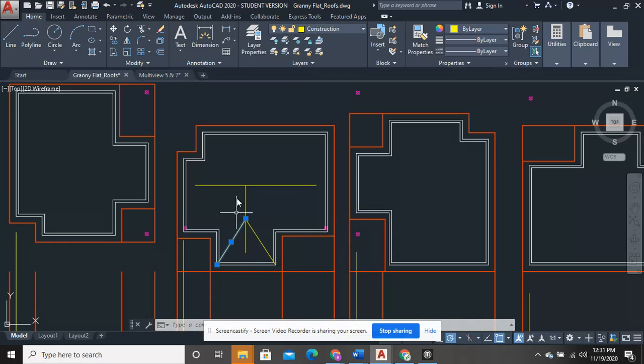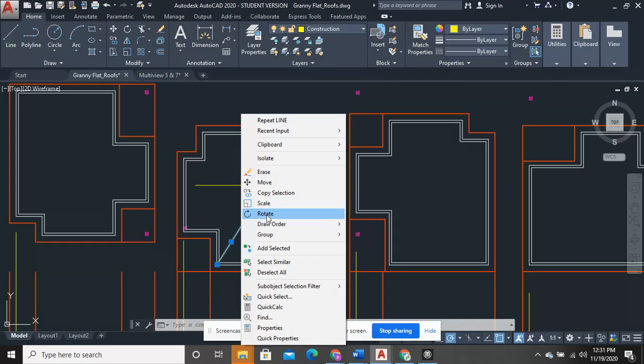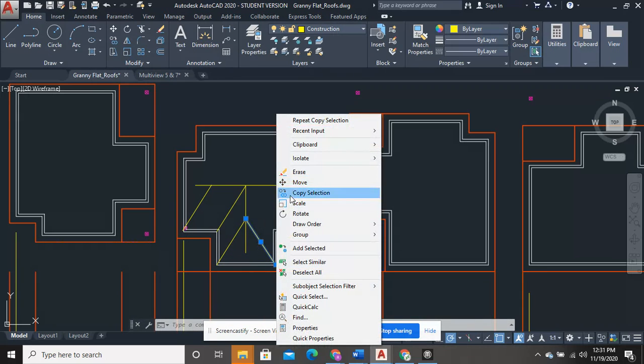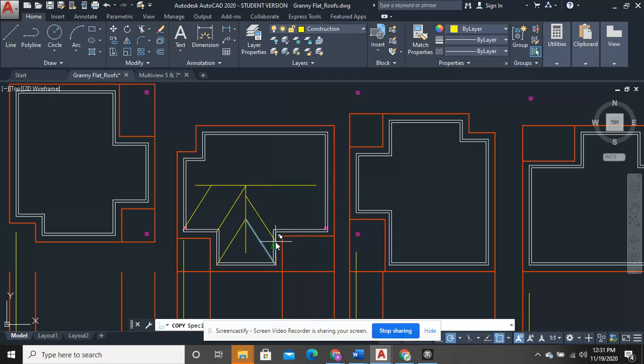Once I figure out where that hip rafter is, it would literally just be copied all the way along like so. Now again, this is totally a sketch. This is not anything really meaningful, but it's only helping me get started.